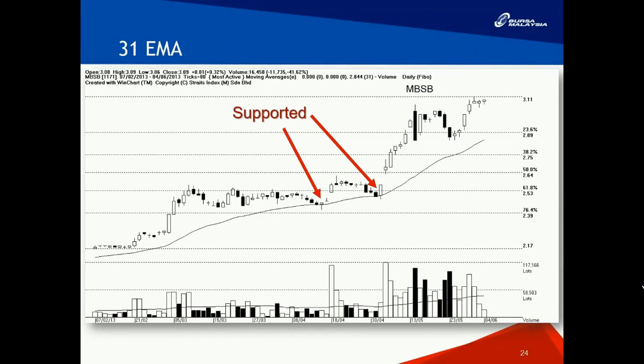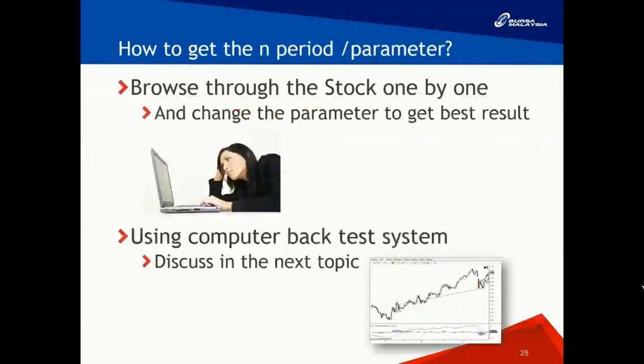But now the next $1 million question is, how do you get the period or parameters? Should I use 31, 41, 22 or 10? One way is to go through the stocks one by one, whether you print charts or use computer software, which you can subscribe to nowadays, and change the parameters to see the best result.